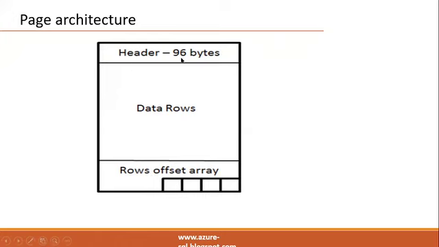Page header consists of page metadata, means what? Page ID, which table the page belongs to, how much free space is there in the page. It is in the page header, which takes a fixed 96 bytes of memory.